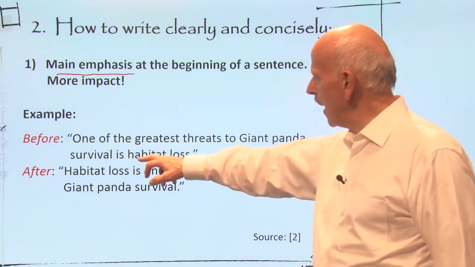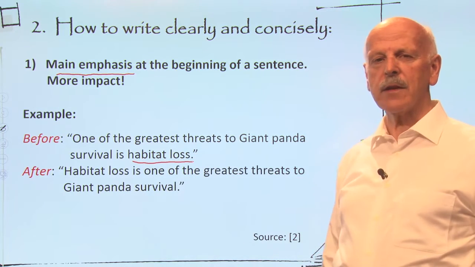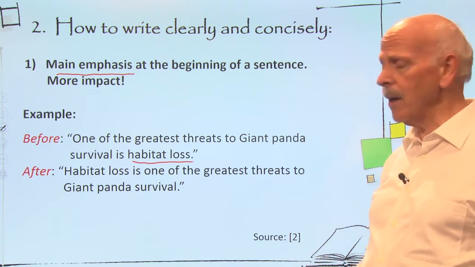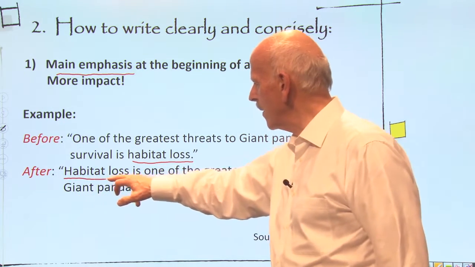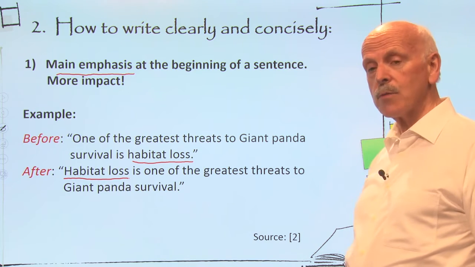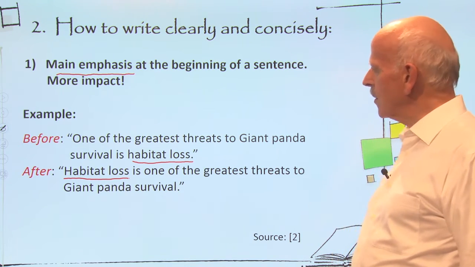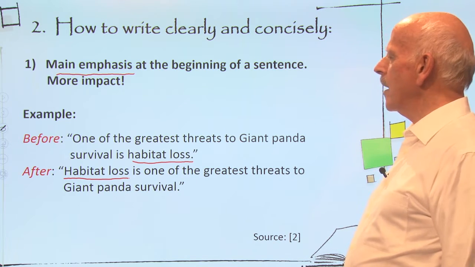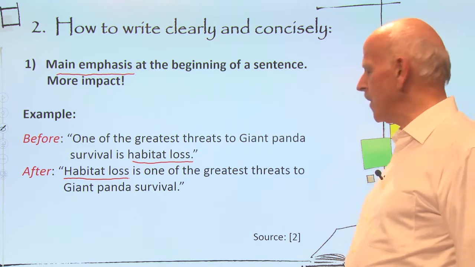But eventually we get to habitat loss at the end of the sentence. So why not start the sentence with habitat loss? Start the sentence with the main point. Habitat loss is one of the greatest threats to giant panda survival. It's important to have the main emphasis at the beginning.